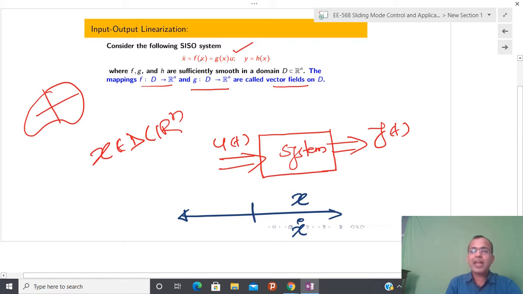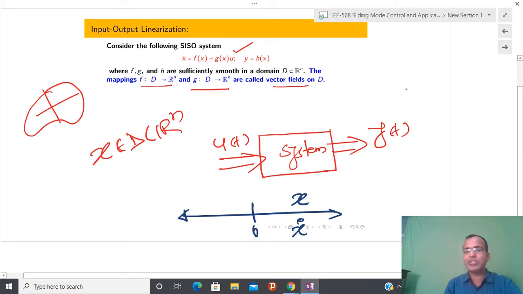Now f(x) has n components, because in order to match the dimension, x belongs to Rn, so f(x) also belongs to Rn. So these things, f(x) and g(x), because the resultant x dot that comes into picture is a result of f(x) and g(x), are also called vector fields. So the same kind of extension of notion is what people are following. In this course particularly, I am going to avoid geometrical control.